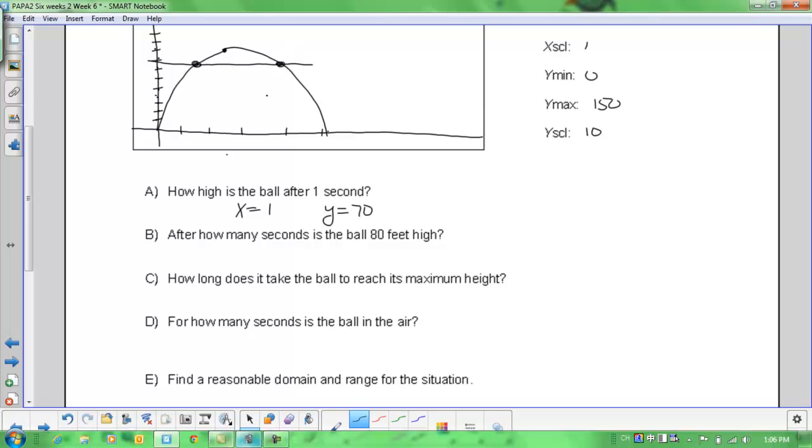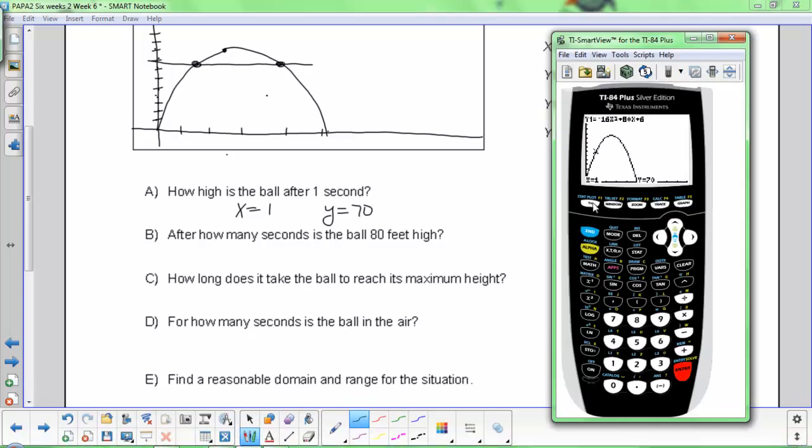And so what I'm going to do here, very simply, is add in that horizontal line. Upon graphing this line, you can see clearly where that solution is going to be.